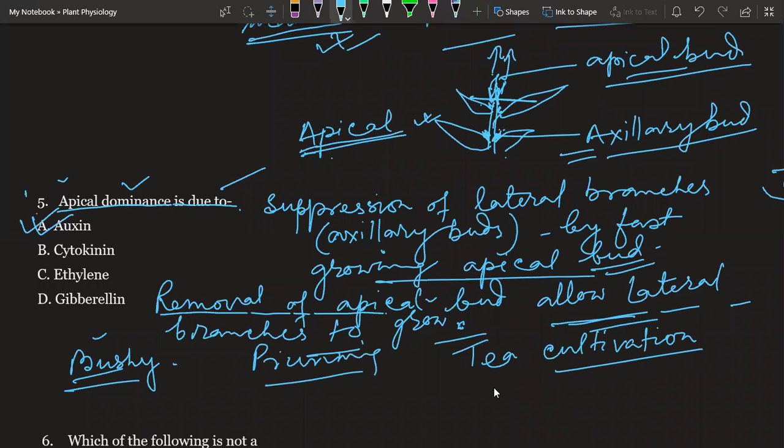By repeated pruning in tea plants, they make the plant very bushy and don't allow it to grow very tall.